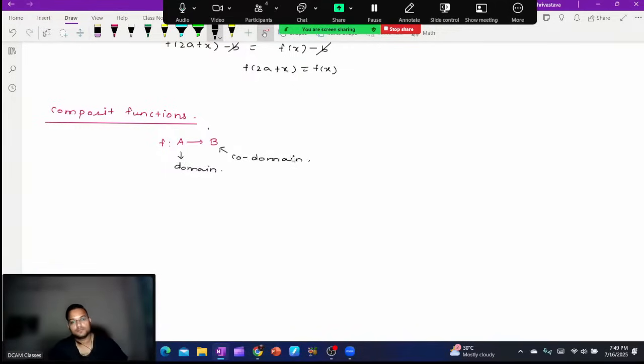Now g is moving from B to C; B is its domain and C is its codomain.